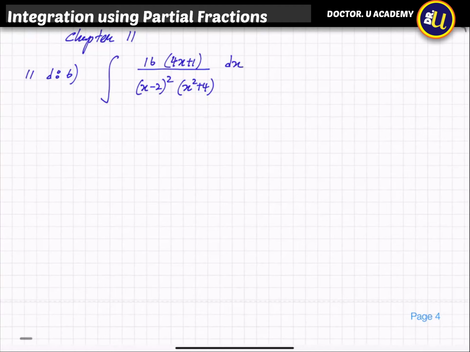Okay, so in this question we have to use partial fractions to simplify the integrand first. So what we will do, we will write the integrand in terms of partial fractions, in this form.